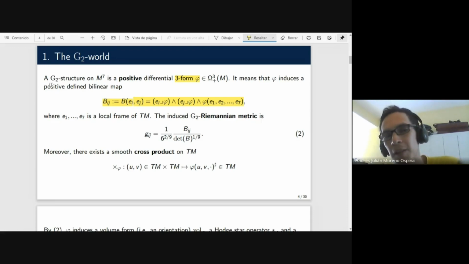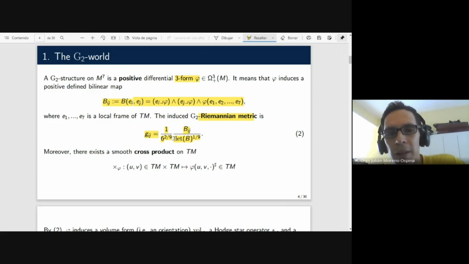Perhaps the name G2 structure comes from that definition, because it involves the Lie group G2. And the important thing with our definition is that this bilinear form B induces a Riemannian metric in this way, as in equation 2. This relation is non-linear, so it's not easy to compute in any case.